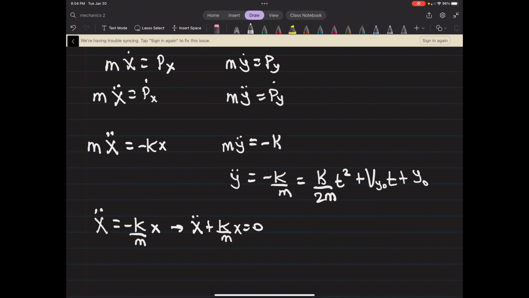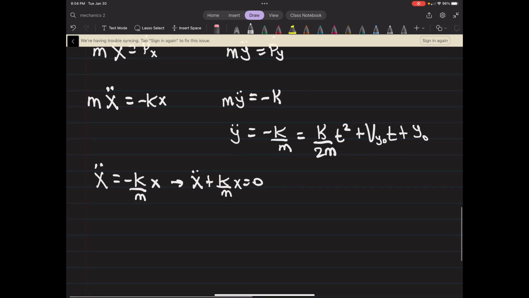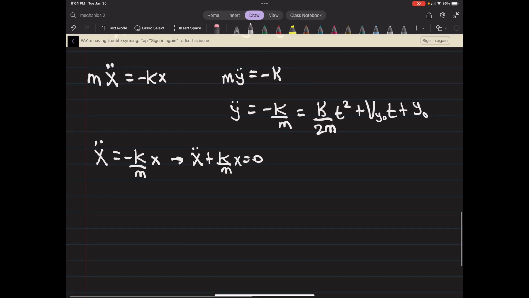So this is just a common differential equation that we've solved a few times through this series. If this is something you would like a video on, I think I've already done a video on this because it's used quite a bit, but if you would like to see this worked out in detail, then I can do that.